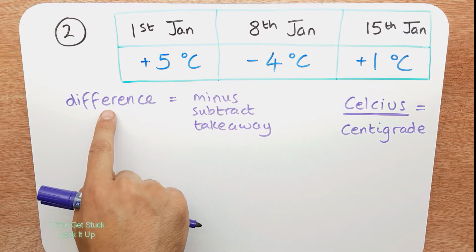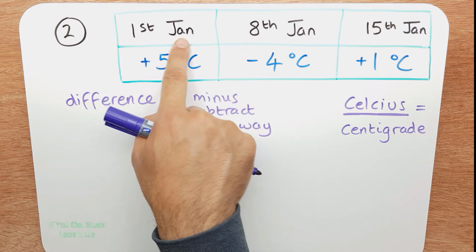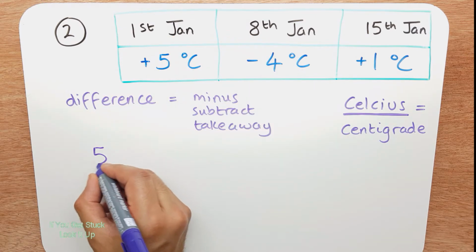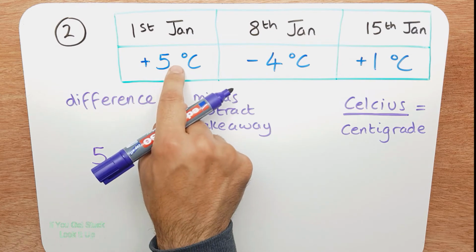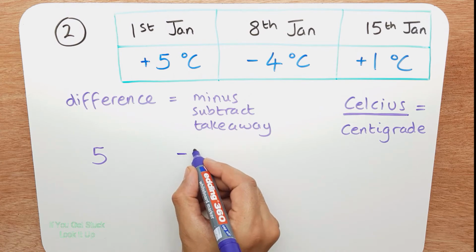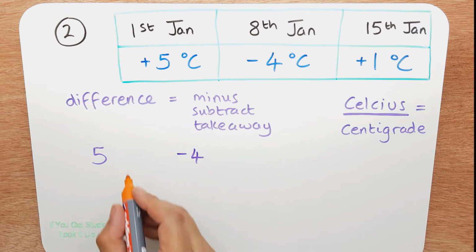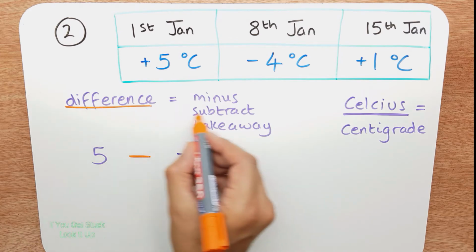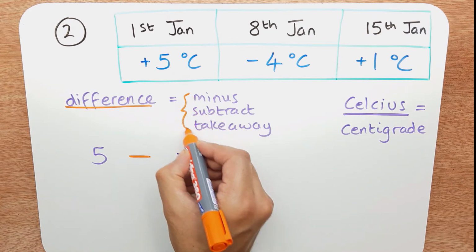So we're asked to work out the difference between the 1st of January and the 8th of January. We write down the 1st of January and the 8th of January, and we're going to work out the difference.